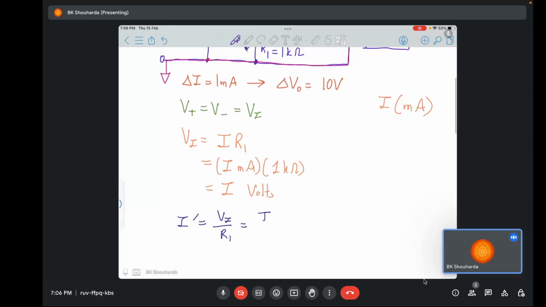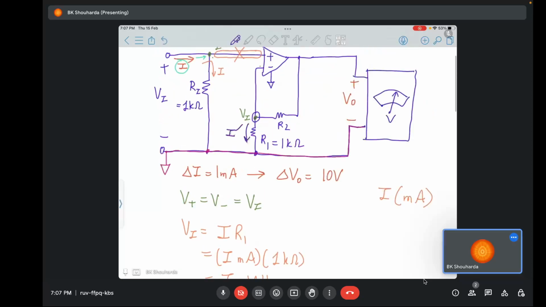So that's once again I volts by 1 kilo ohm, and that's I milliampere. Alright, so once again let's apply the golden rule. Since this terminal is connected to the negative input of the op amp, we cannot have any current flowing into it, so this I prime will directly flow in over here.